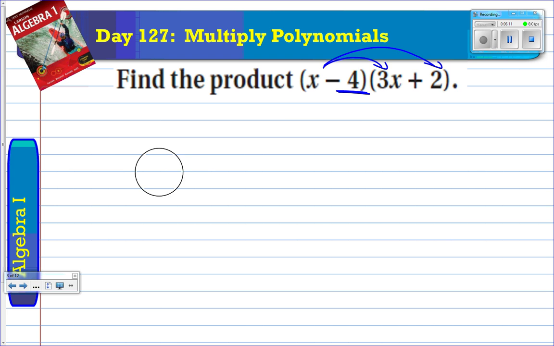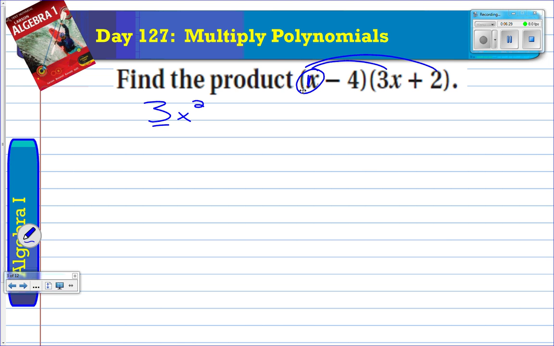I think this is going to be better in the long run. I'm going to distribute this across the other terms. So x times 3x and x times 2. X times 3x is 3x squared. Multiply the coefficients, 1 times 3, and x times x is x squared. Then I do x times 2, that's 2x.